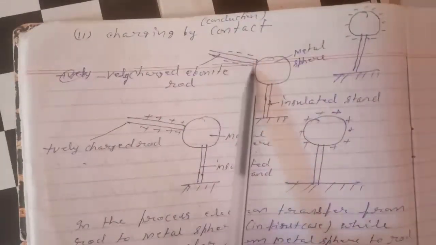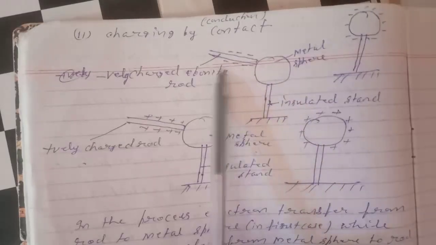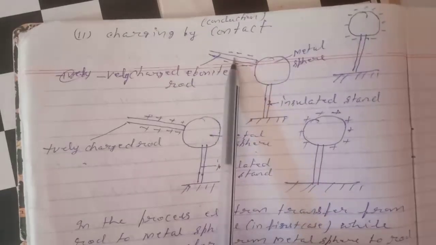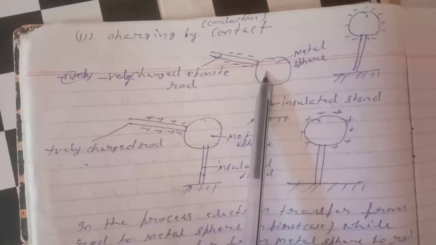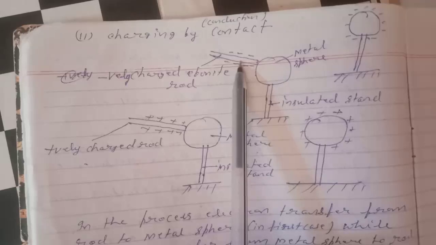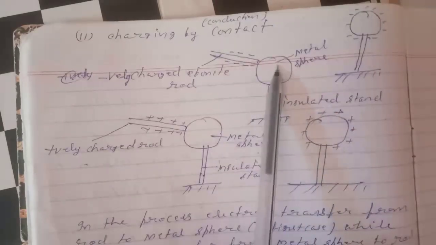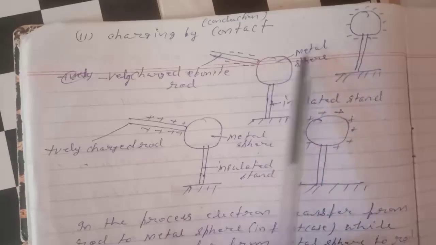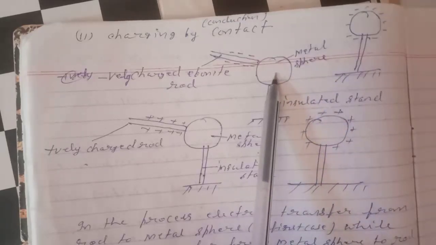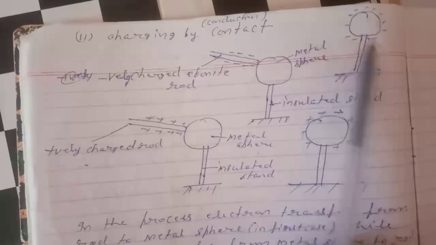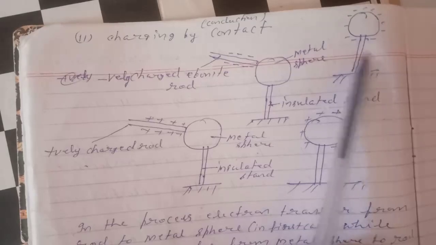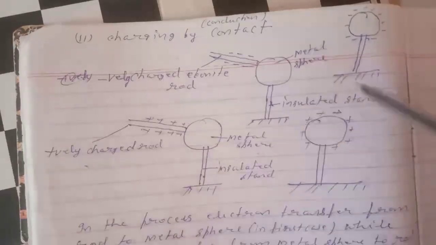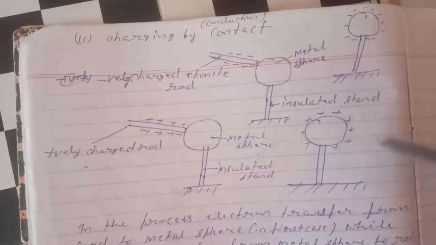We bring, say, an ebonite rod, that is negatively charged, though any other body can also be brought. This negatively charged rod is brought to the metal sphere and touched to it. Then electrons will transfer from this rod to this body, and this body will become negatively charged. The sphere is placed on an insulated stand, because if we do not place it on one, the charge will flow to the earth.